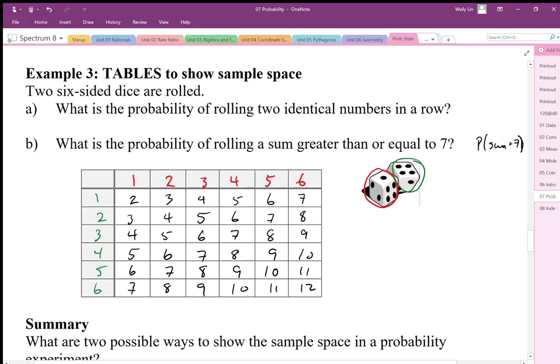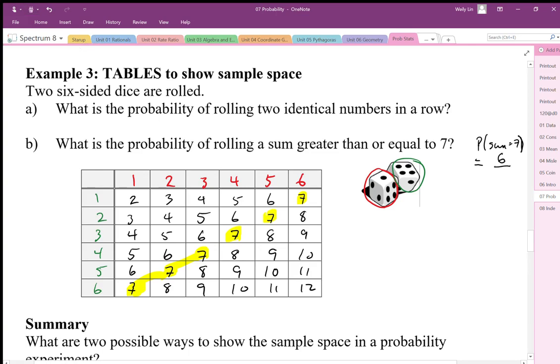So let's actually just look at the first probability here, the probability of a sum of 7. If I look at my sample space, these are all my 7s here. I can count them up. I've got 1, 2, 3, 4, 5, 6 7s. So the number of outcomes I want, there's 6 of them.